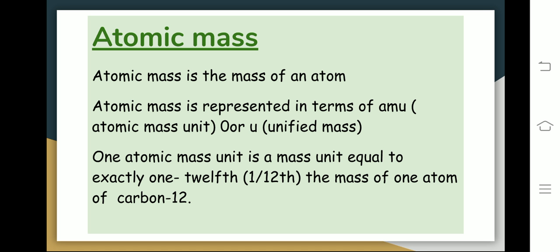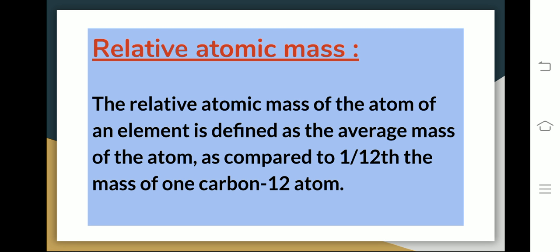One atomic mass unit is the mass unit equal to exactly 1/12 the mass of one atom of carbon-12. Carbon-12 isotope was chosen as the standard reference for measuring atomic masses. The relative atomic masses of all the elements have been found with respect to an atom of carbon-12. Relative atomic mass.